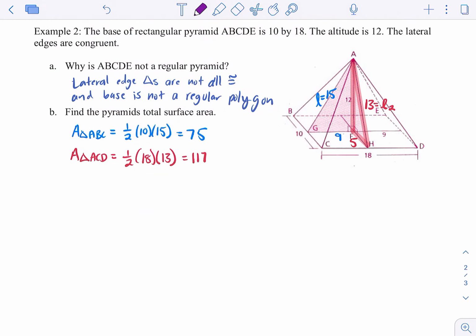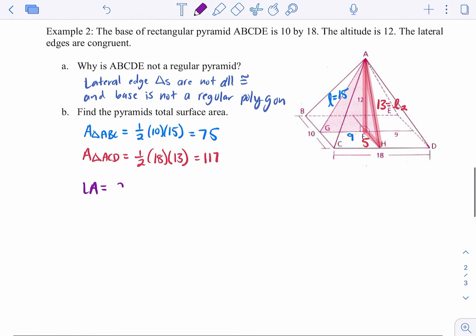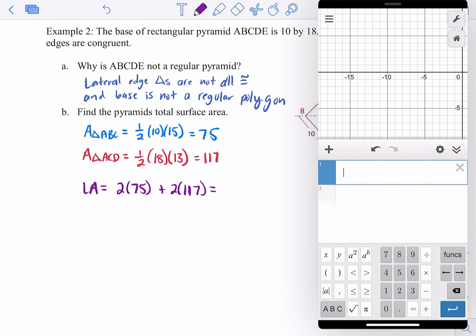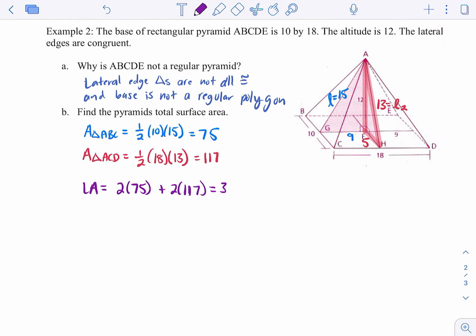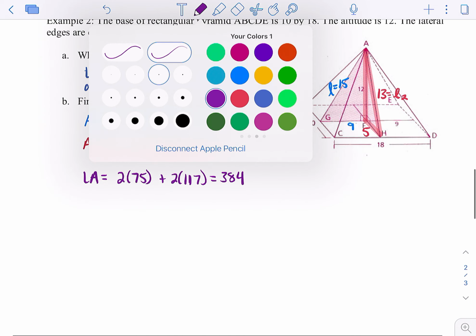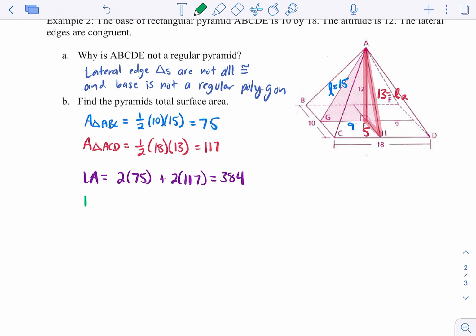All right, let's see here. So for our lateral area, combining these triangles, I have two triangles that have area of 75, and two triangles that have area of 117. So that would make my lateral area 384. Great. And then before I go for the surface area, I need to know the area of this base.